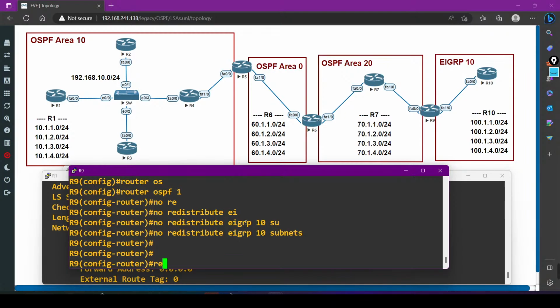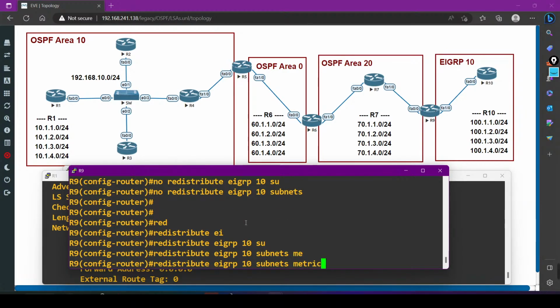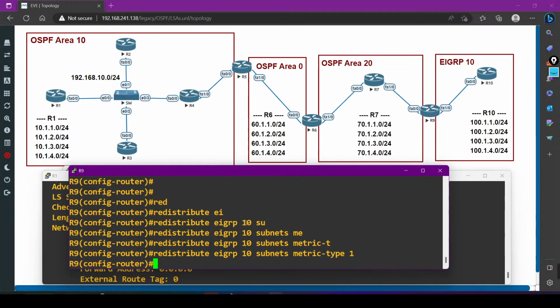Done. Now redistribute EIGRP 10 subnets, and then we can define the metric type. Let me say metric type 1. By default metric type is 2. If you do not define the metric type, it will use metric type 2.